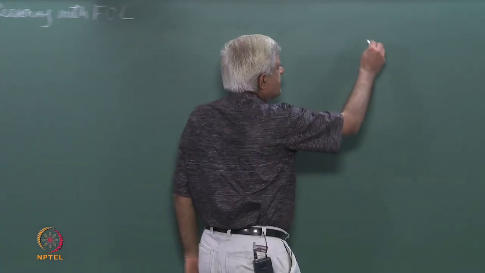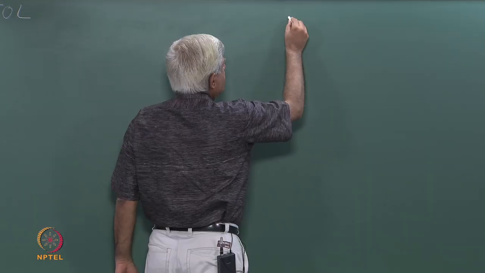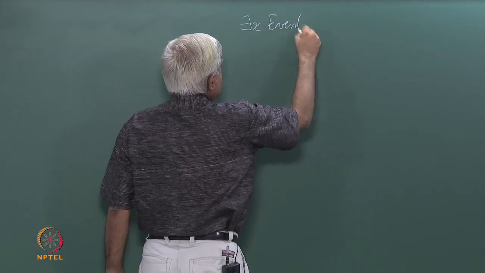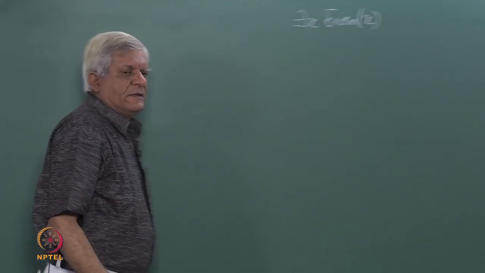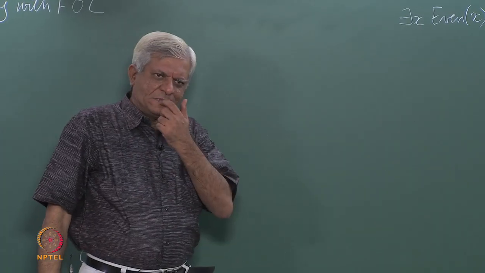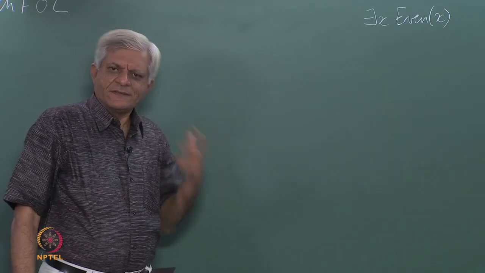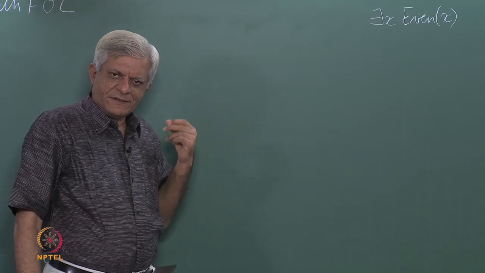Let us look at a sentence like this: there exists x even x. So, it is saying that there exists some number which is an even number essentially.